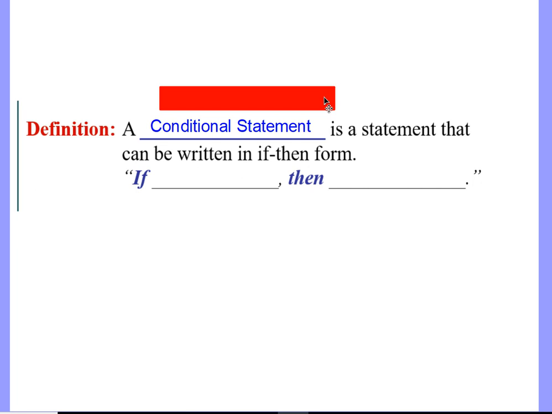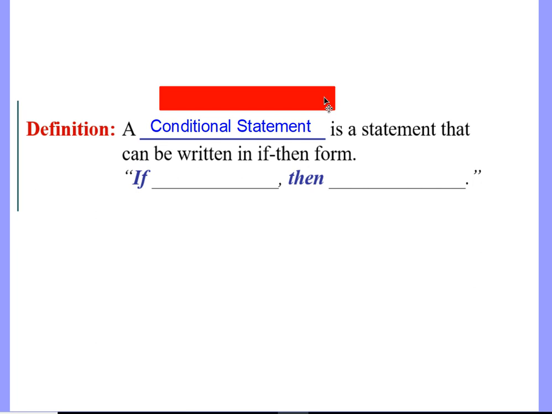It's a causation statement. If this occurs, then something else will happen because of it. Now, we're not saying that all conditional statements are true, but it's a causal statement. If something happens, then something will result in reaction to it in the end.